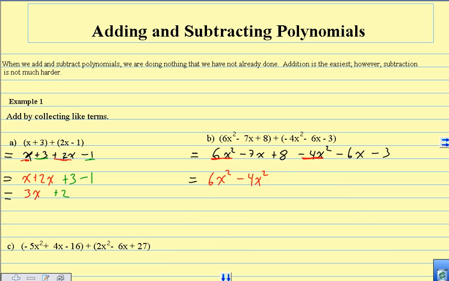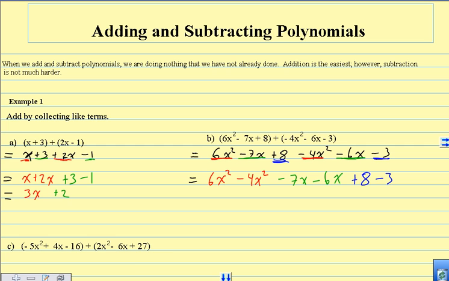And then I have minus 7x and a minus 6x. So I have minus 7x minus 6x. Okay? And then finally I have the constant terms, plus 8 and minus 3.